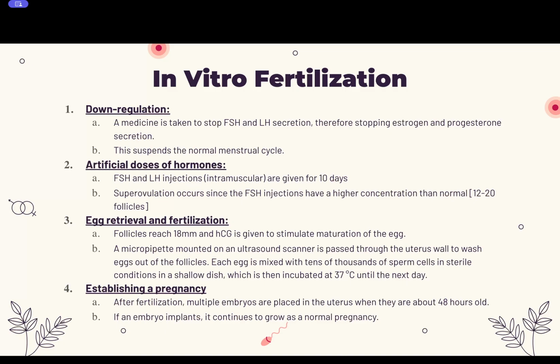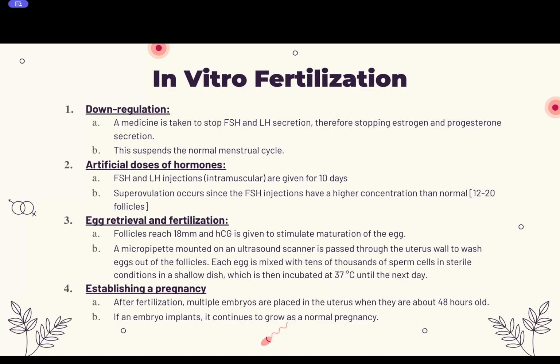Each of those eggs is mixed with tens of thousands of sperm, I believe the book says 50,000 to 100,000 sperm cells, in sterile conditions, and incubated at 37 degrees C until the next day in hopes of it being fertilized.